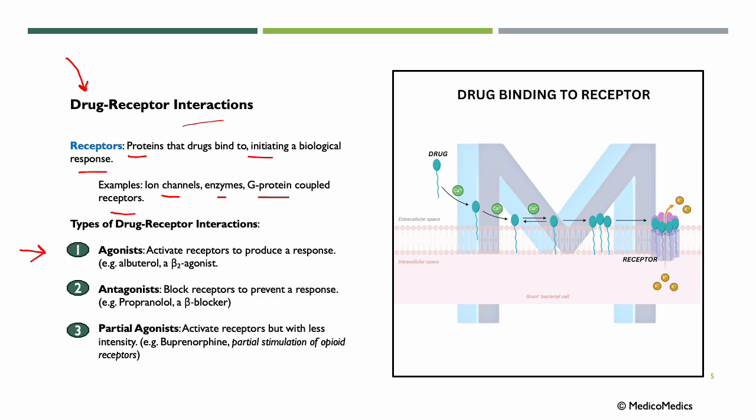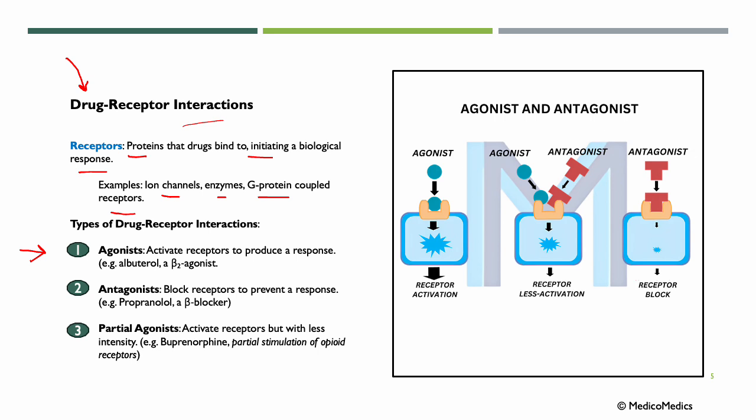So we have, for example, agonists. These bind and fully activate the receptor, producing a physiological response. An example is albuterol, a beta-2 agonist. And what it does is it stimulates bronchial receptors to open airways. And we use it in treating asthma, for example.